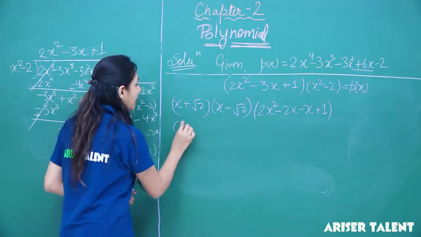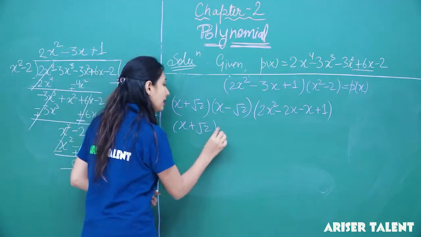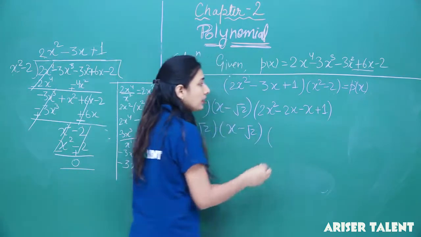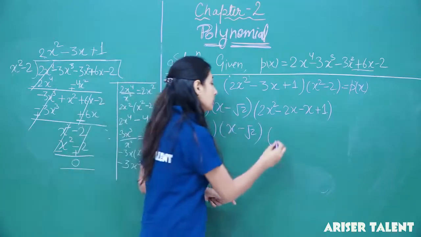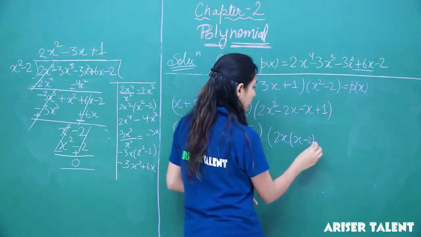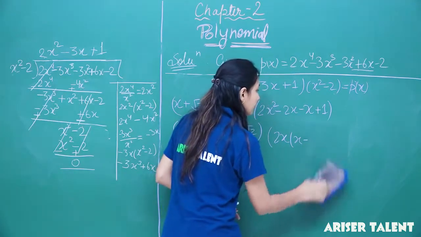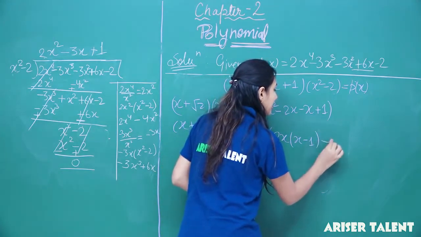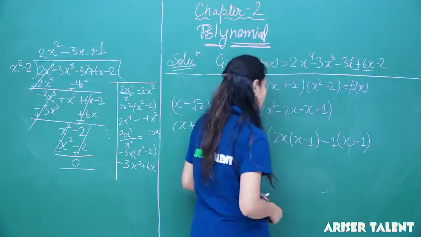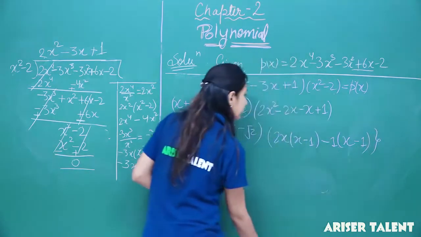Now, x plus root 2, x minus root 2, then taking 2x common here, we will be writing x minus 2 here and x minus 1 here, and take minus 1 common here and get x minus 1 here.